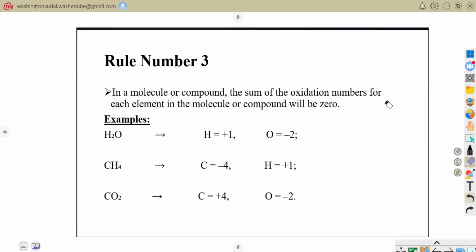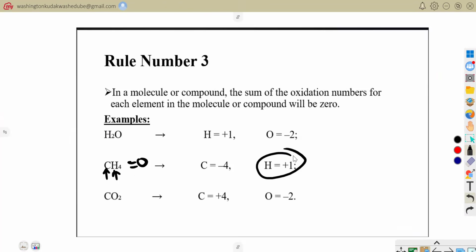Rule number 3 is actually saying that if we have a molecule or a compound, the sum of the individual oxidation numbers for each element in the molecule or compound is supposed to be equal to zero. Even for methane here, the sum of the oxidation numbers for the carbon atom and the hydrogen atoms has to amount to zero.